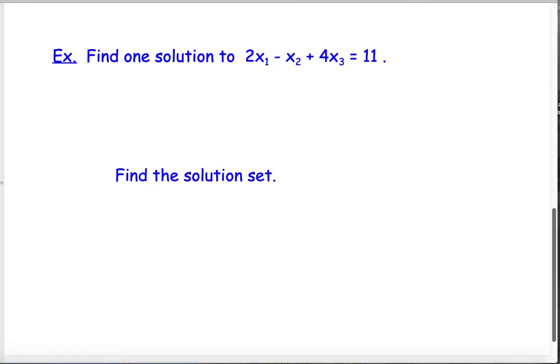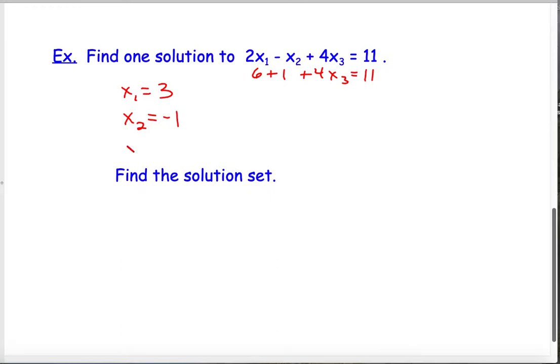Well, we can just start picking values for the variables. So, let's say, for example, I let x sub 1 equal 3. And then x sub 2, let's see, that'd be 6. How about if I let x sub 2 equal negative 1? So right now that's going to give me 6 plus 1 plus 4x sub 3 is equal to 11. So I subtract.